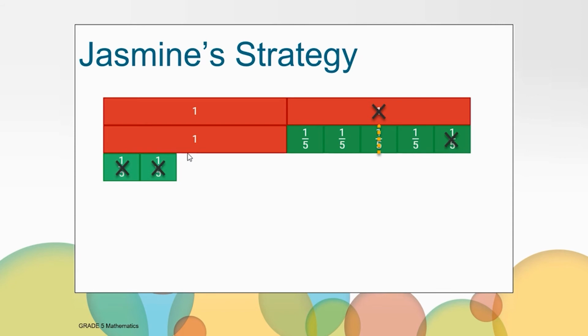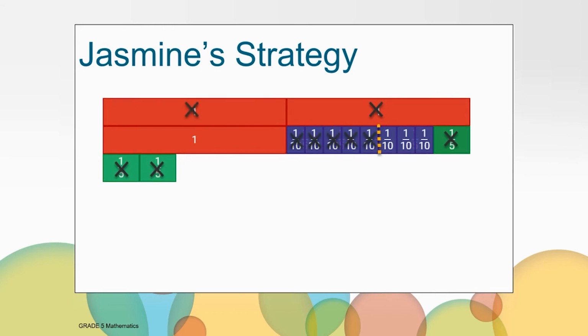She decided to regroup these fifths into tenths. And she sees the halfway cut of her tenths, or 5/10. She then takes away 1 whole and 5/10, because that's the same as 1 1/2.